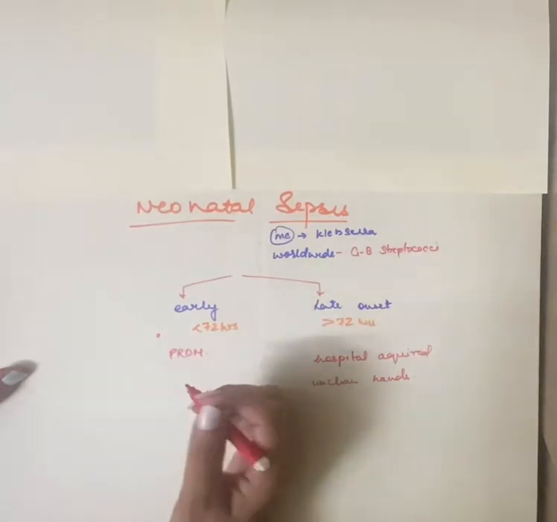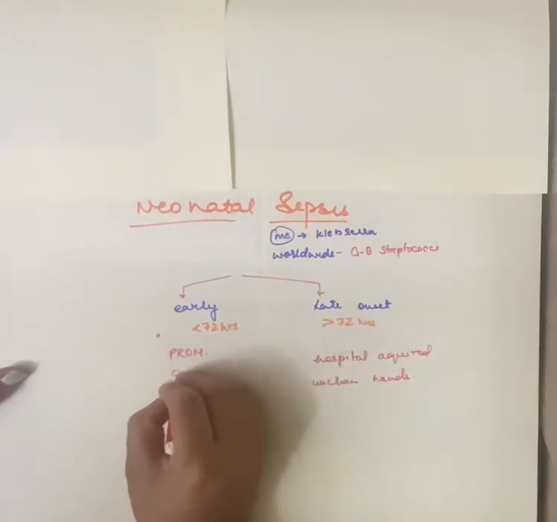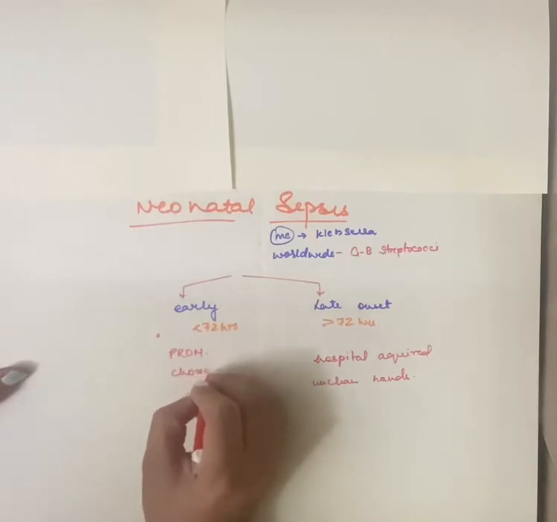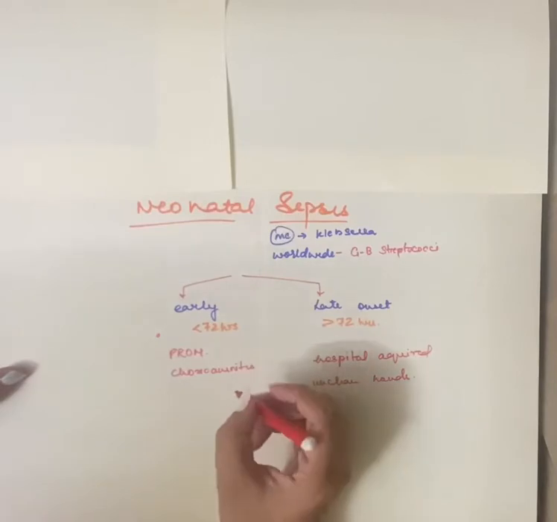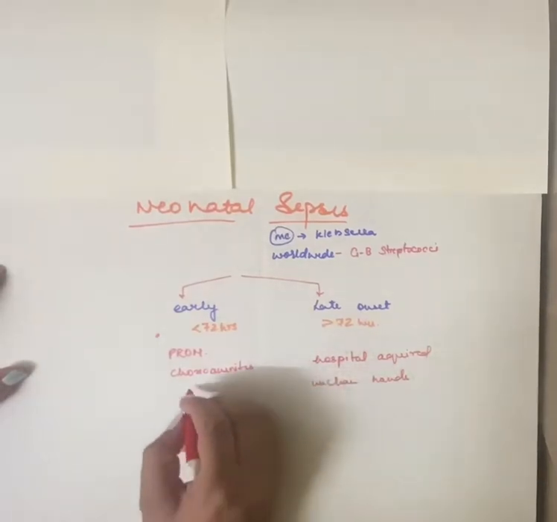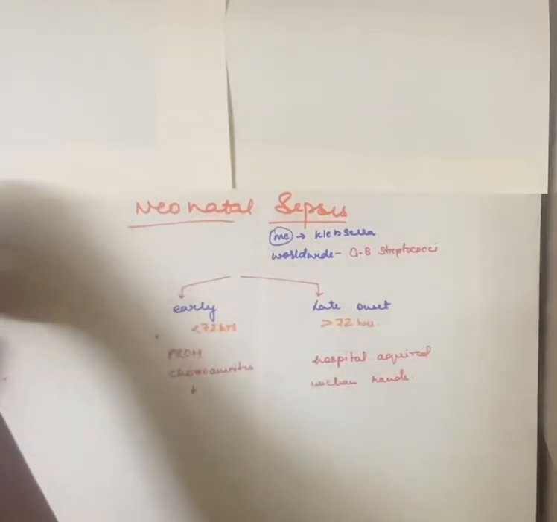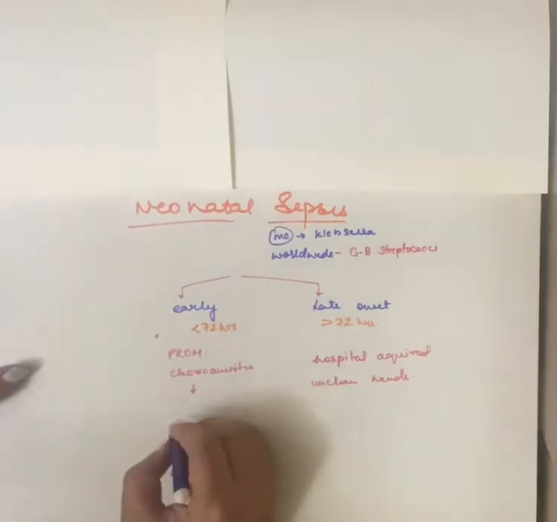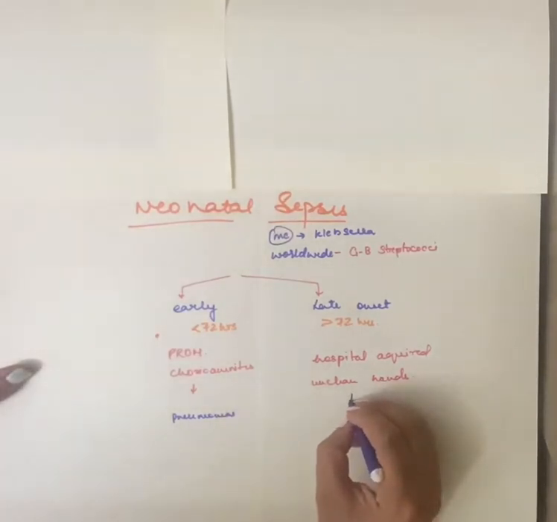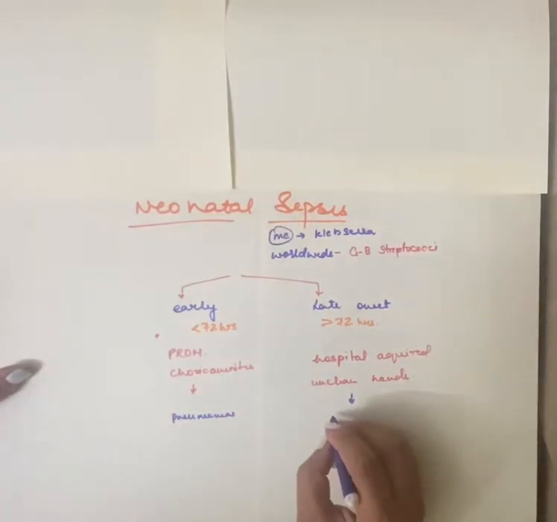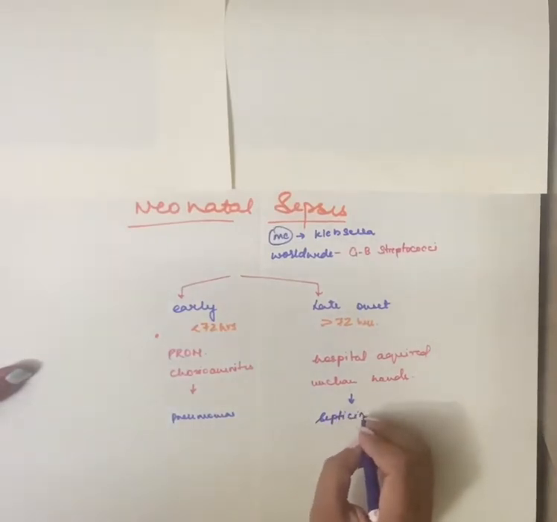It can also be due to chorioamnionitis. This early infection causes infections like pneumonia, and the late onset causes infections like septicemia, meningitis.